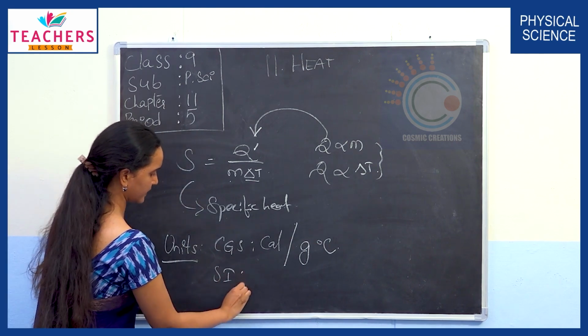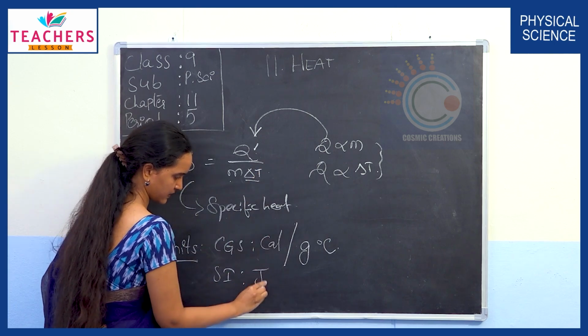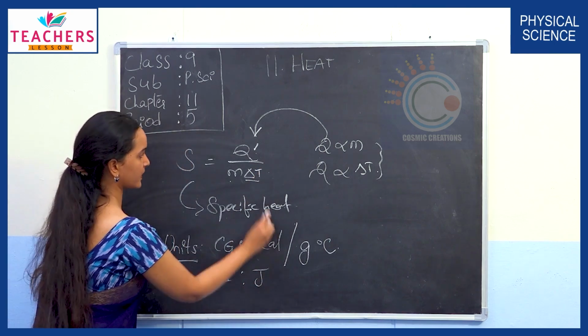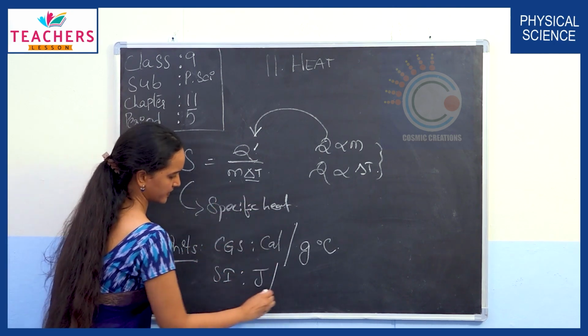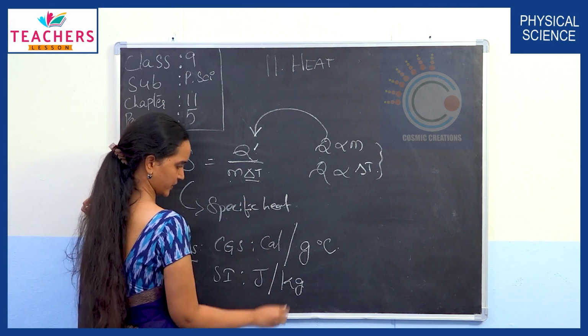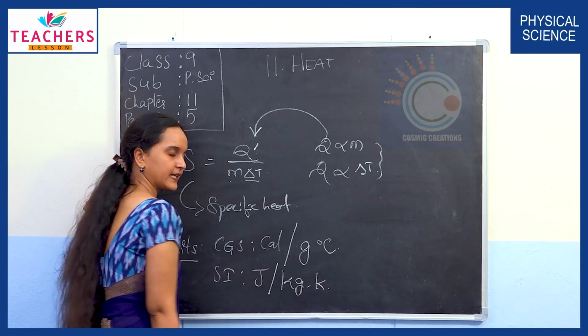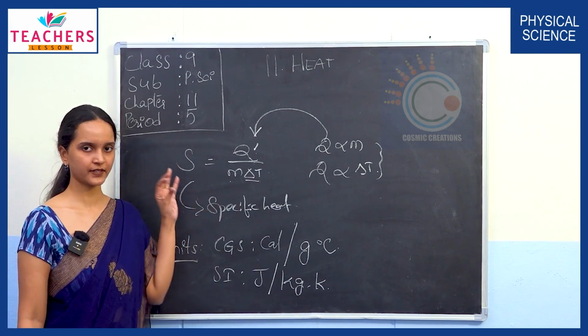What could that be in SI? Again, SI unit of heat is joules, divided by mass. SI unit of mass is kilograms. Wonderful. And temperature is Kelvin. So these are the units of specific heat.